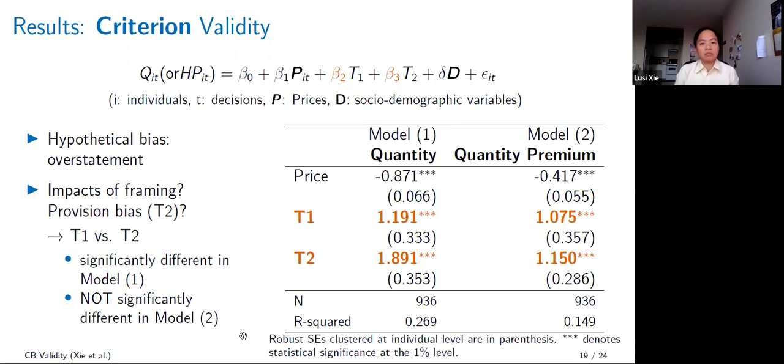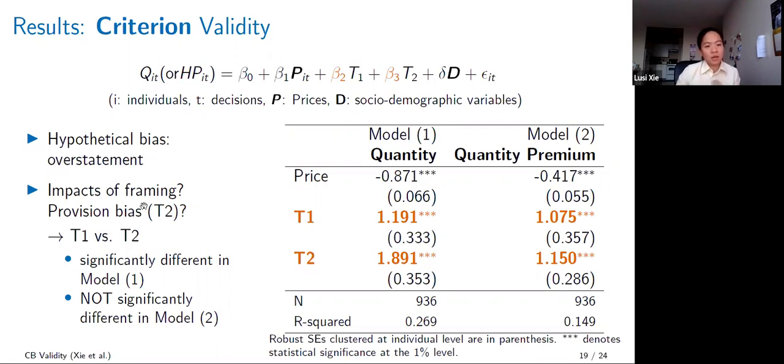So it's quite busy here, but you just need to notice that those coefficients are significant, which means treatment groups are significantly different from the control group. So it's an indication of hypothetical bias. And those coefficients are positive, so that means the hypothetical bias is from an overstatement. And that kind of answers the first question.